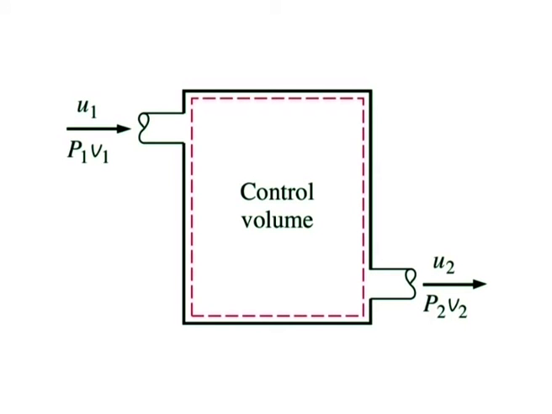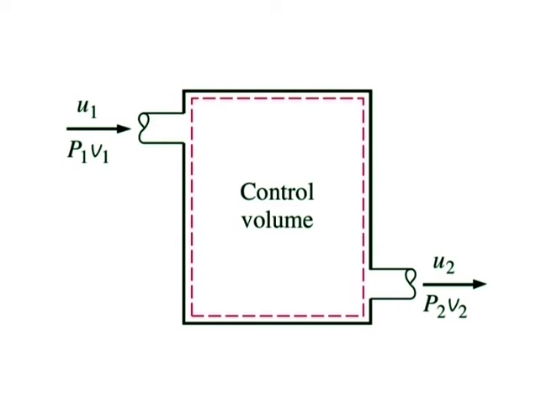Enthalpy, a combination property. In the analysis of certain types of processes, particularly in power generation and refrigeration, we frequently encounter the combination of properties U and PV. Here, U is the internal energy, P is the pressure, and V is the volume.